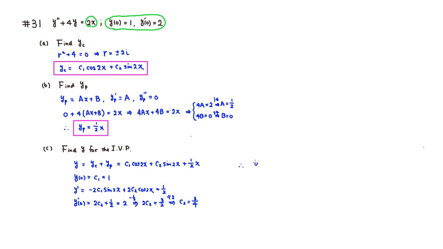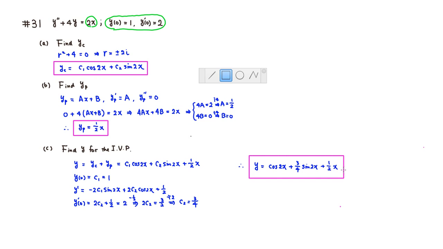The solution of the initial value problem is going to be, C1 came out to be 1, so you have cosine of 2x, and C2 came out to be 3/4, so 3/4 sine of 2x, and the particular solution is 1/2 x. So this is the solution of the initial value problem.